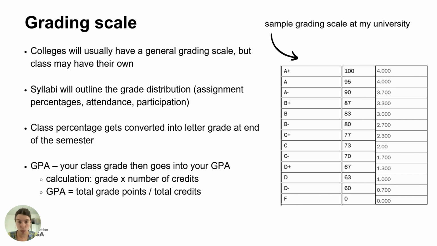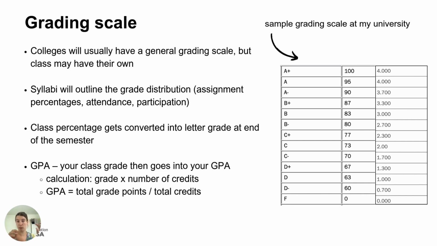And this isn't important for you to know because they do all the calculations themselves. But in case you're interested, it will be the grade. So say you get an A, that's a 4.0. 4.0 times the number of credits, say it's worth 3 credits. Grade times credits, 12, and then that is your total grade points.